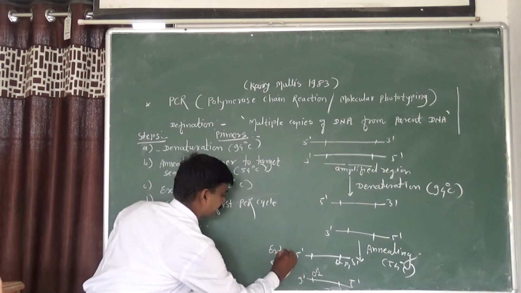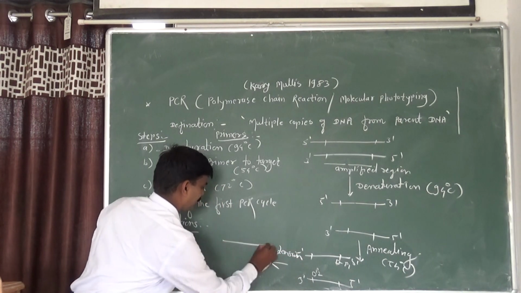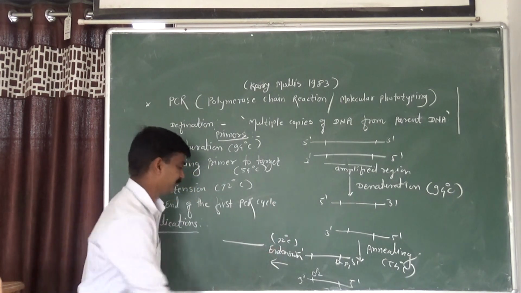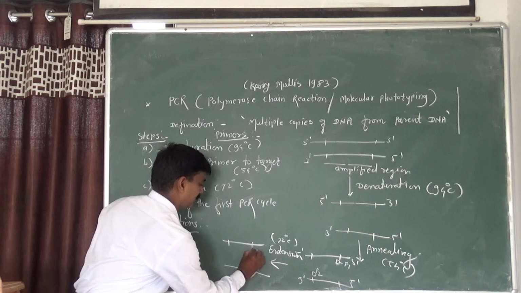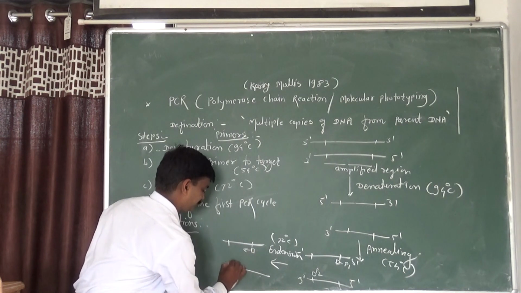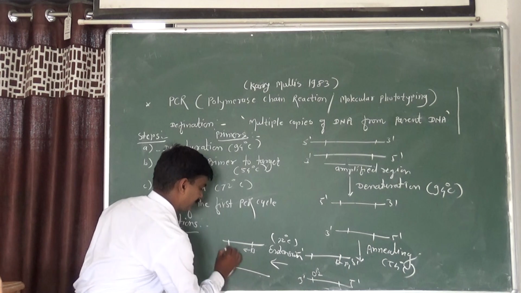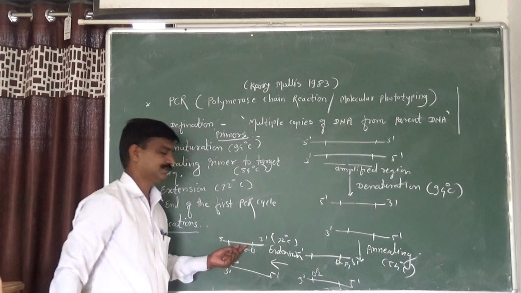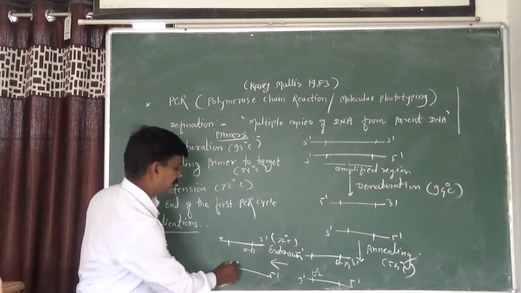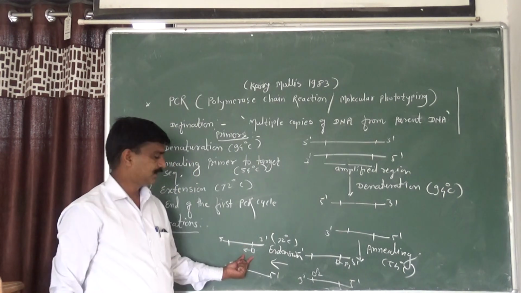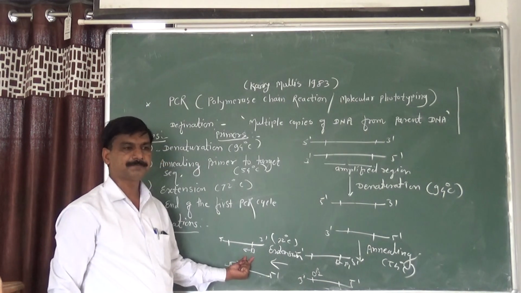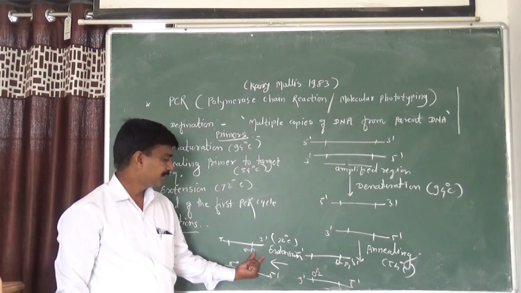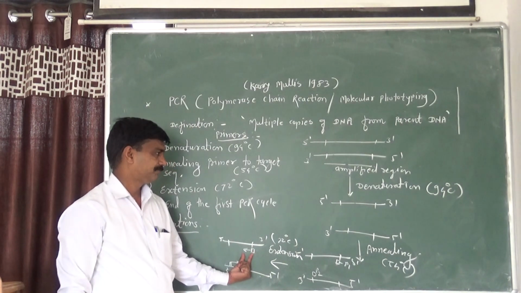Another step is extension, at 72 degrees centigrade. Here, the primer is extended towards the 5' end, and both primers are extended because the polymerase enzyme is expressed for the formation of the new strand.